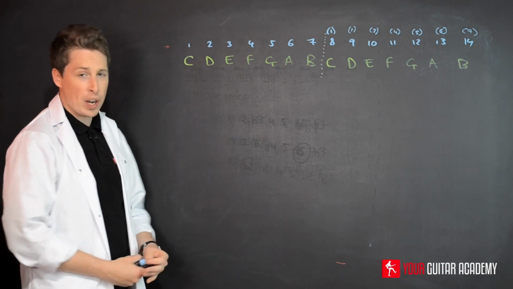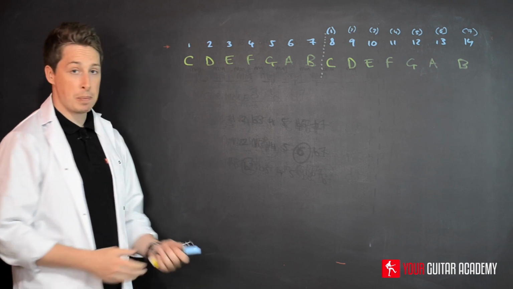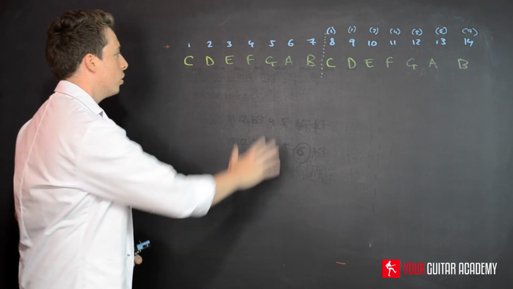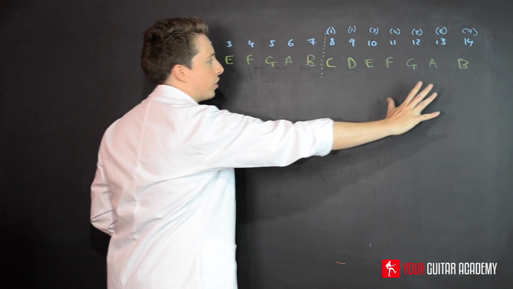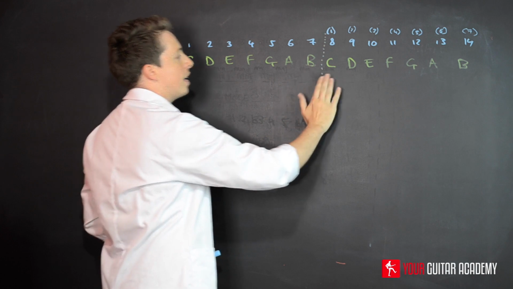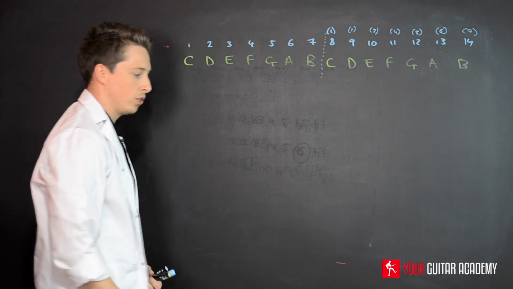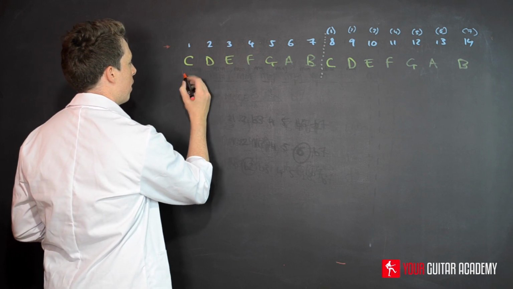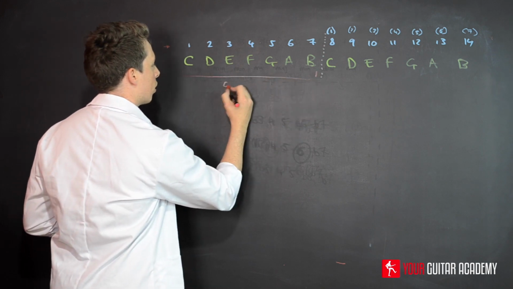So what I need you guys to do is, on a piece of paper, because it's going to really help if you write along with me as we go, write out this full list of notes. We've got the C major scale octave 1 and the C major scale octave 2. To make this nice and clear, I'm going to put a little line there.